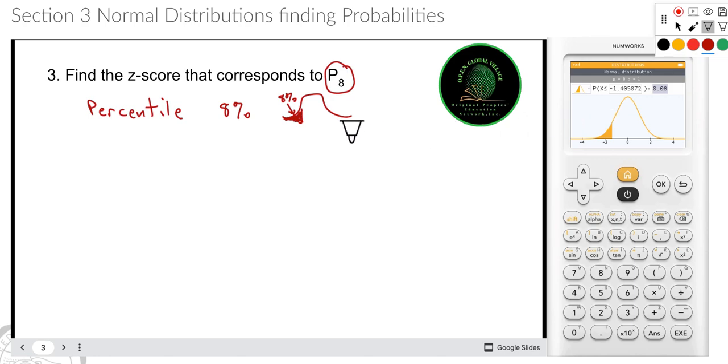So z equals negative 1.41. Because of the way the tables are set up, z-scores beyond 2 decimal places are not very helpful. You can't look them up on a table. We could use more decimal places here, depending on how much accuracy you want, but this is generally what we're going to be using.